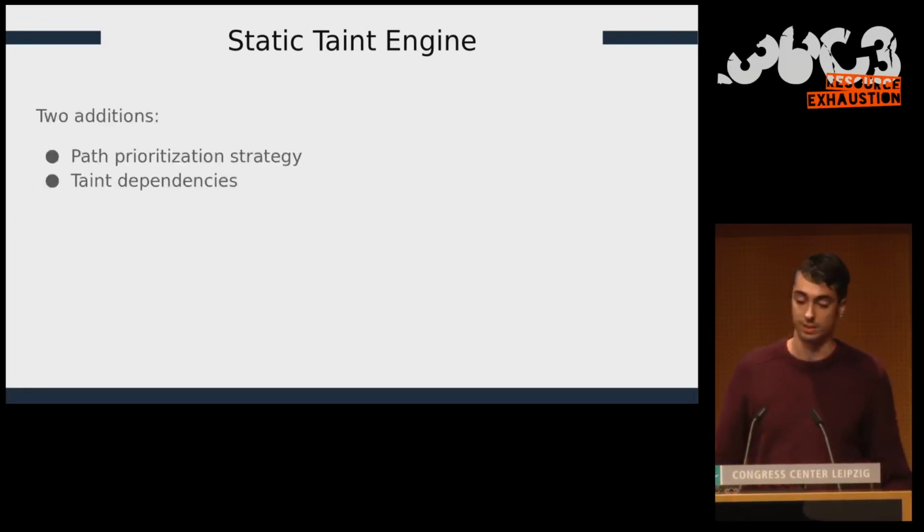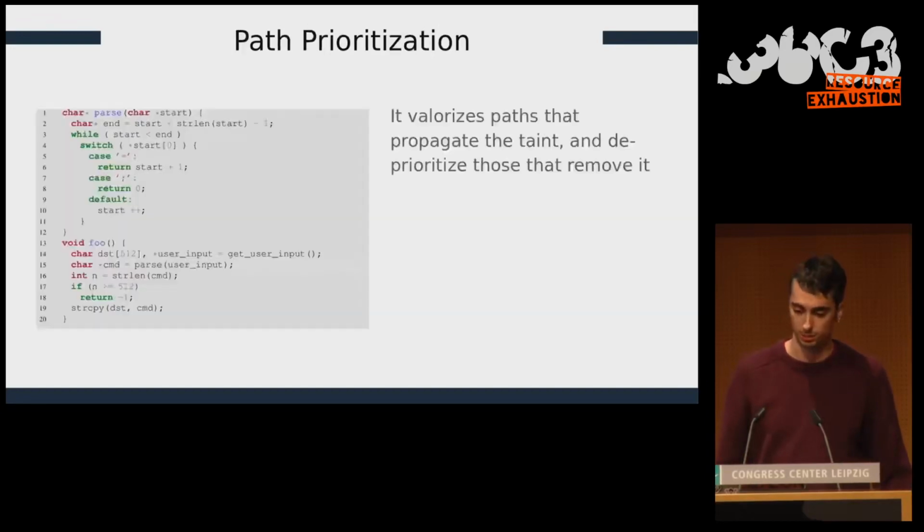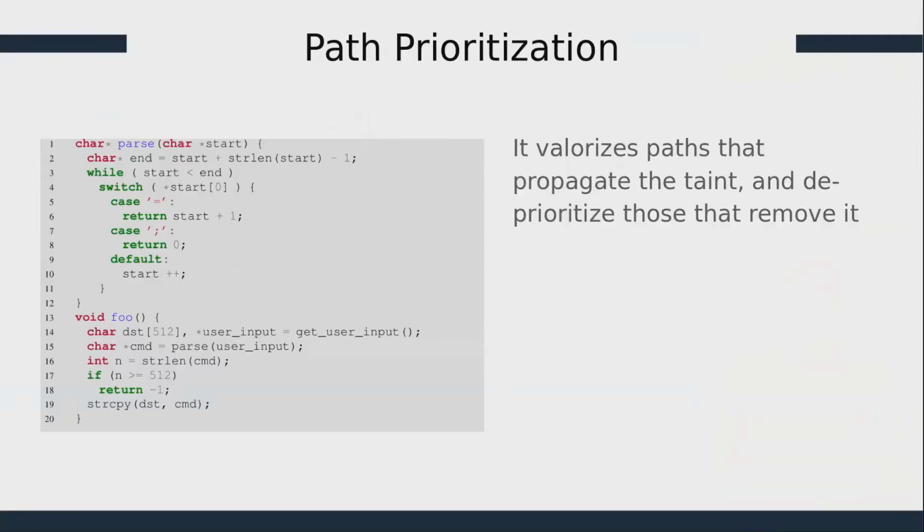In our taint engine, we have two additions. We added a path prioritization strategy, and we added taint dependencies. The path prioritization strategy valorizes paths that propagate the taint and deprioritizes those that remove it. For instance, say again that some user input comes from some function, and the variable user input gets tainted. Then it is passed to another function called parse.